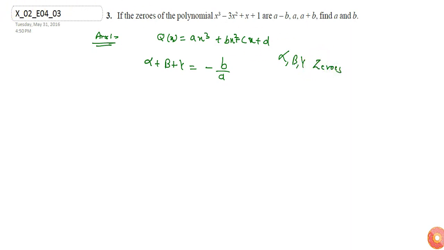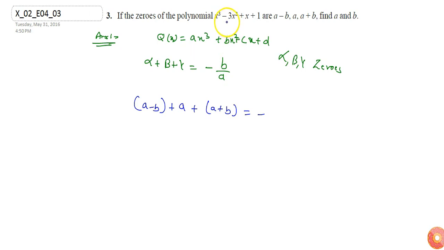So if I use this property in the question, I'll get alpha is a minus b, beta is a, and gamma is a plus b, and coefficient of b is the coefficient of x square.